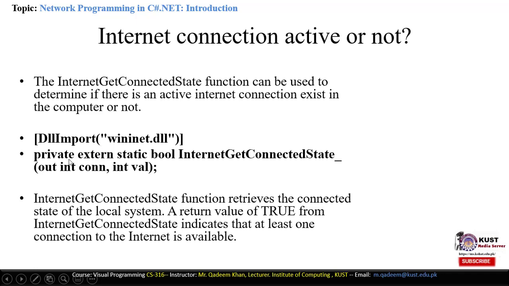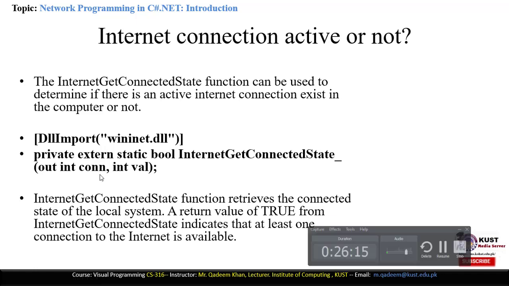Then your private extern static bool InternetGetConnectedState, with out int connection and int value. So it is the InternetGetConnectedState function, and this will tell you whether the connection is available or not with us here.